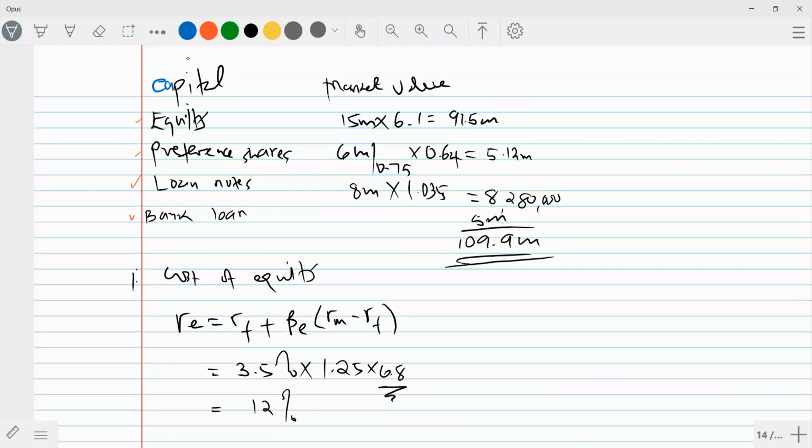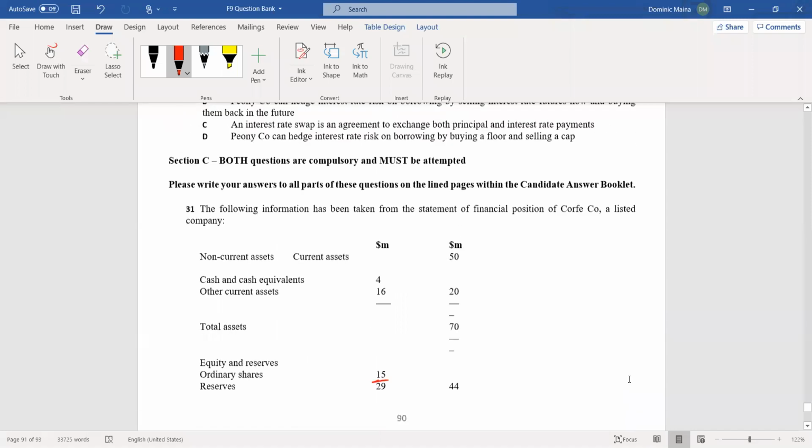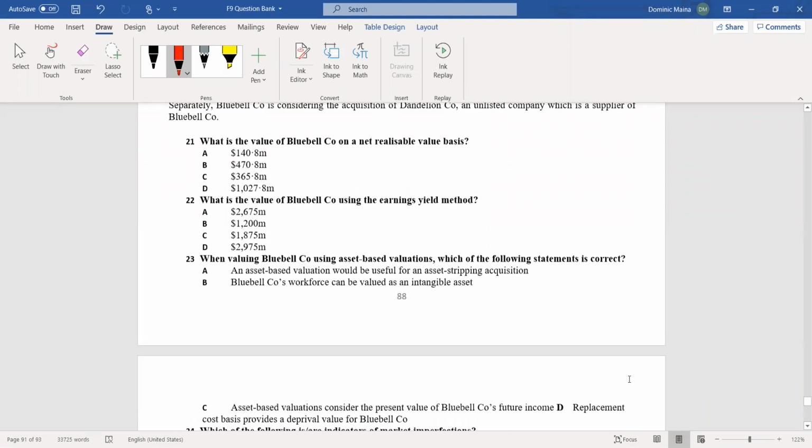So let's look for a question, and we try to do the presentation through Excel, so you see how we ought to present it.